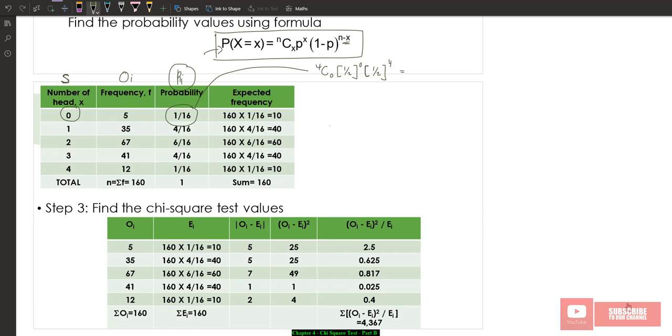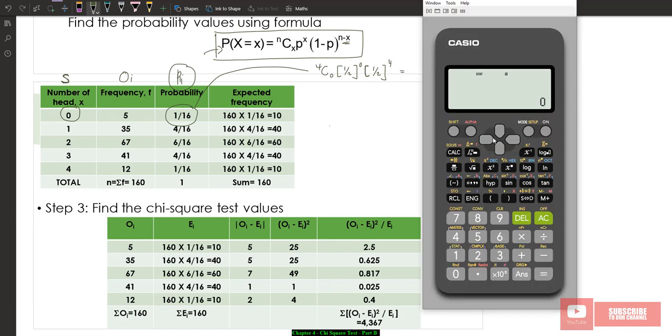If you key into your calculator, 4 choose 0 is equal to 1, multiplied with 0.5 power of 0, and then multiplied with 0.5 power of 4.